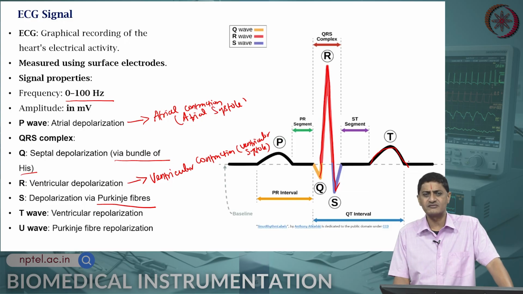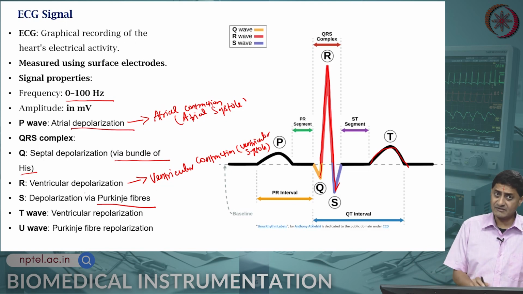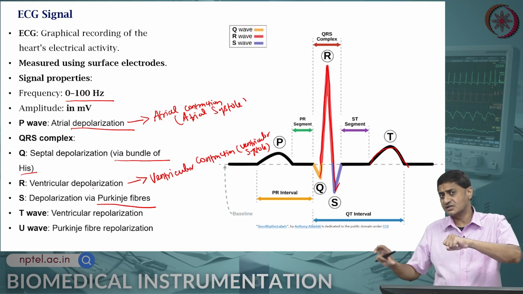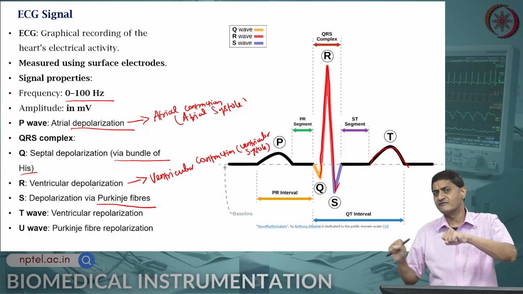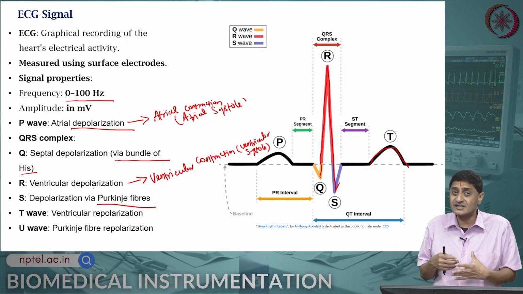Several questions follow. We have spoken about ventricular repolarization. What about atrial repolarization? Atria have depolarized and then followed by ventricular depolarization. So, that means the atria have contracted first, followed by the ventricular contraction. But before the ventricles can relax, the atria will have to relax.